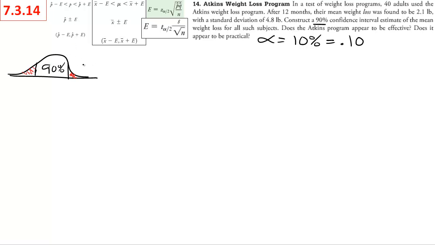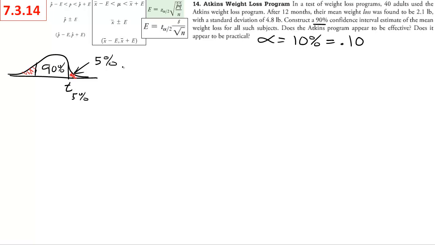But that means each piece has half, 5%. And that's why it's t of alpha over 2. So we're looking for t of 5%, alpha over 2. And this would be the same t, just a negative number.